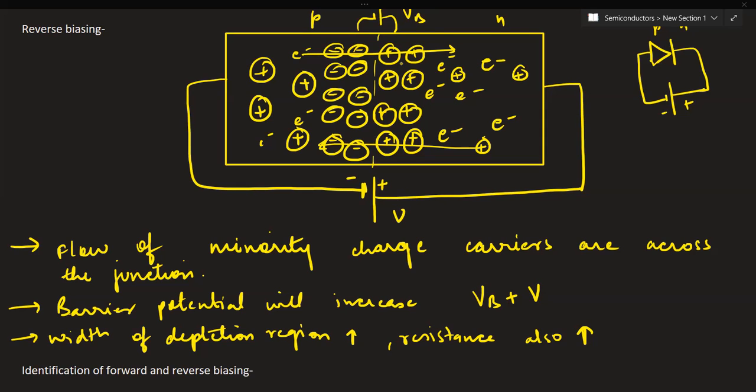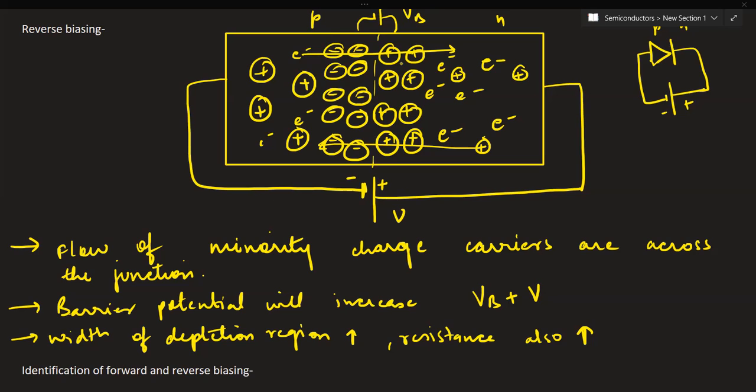See, electrons will be moving towards this side, so this will be creating more vacancy. The minority charge carriers, that is holes, will be moving from this N type to P type, so this will also create more vacancy.